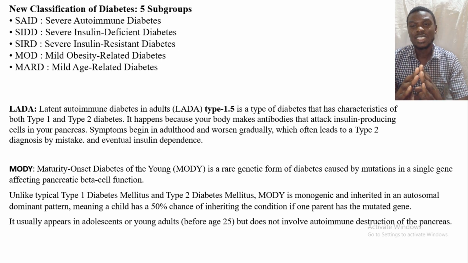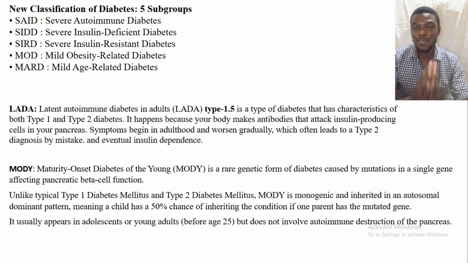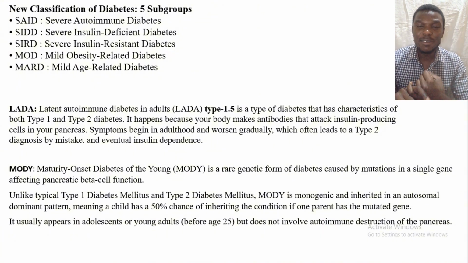As a result, the patient may have diabetes. So there's poor functioning of the cells. So the cells are there, but they're poorly performing. There are no antibodies or immune systems attacking these cells. So these are other forms of diabetes. So we have discussed 5 subtypes.